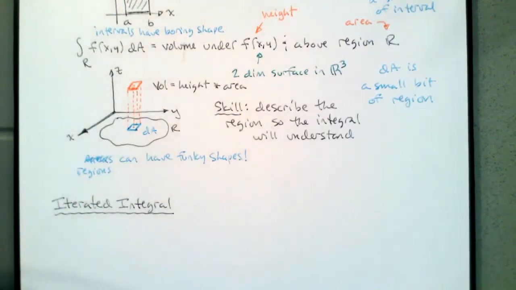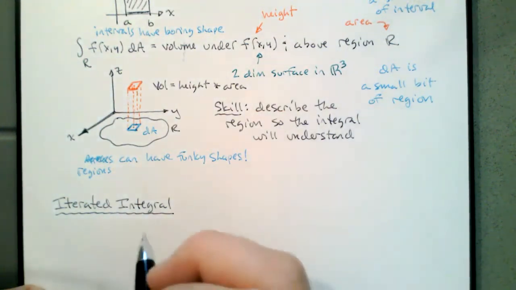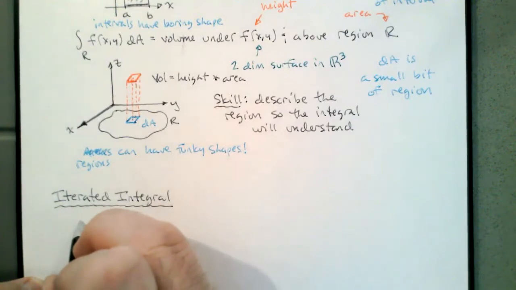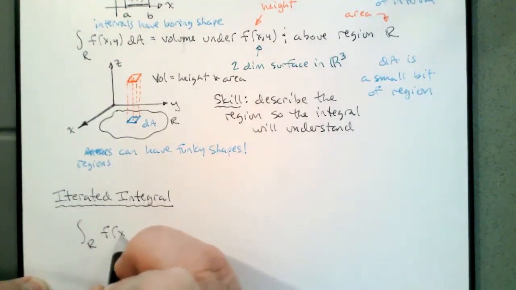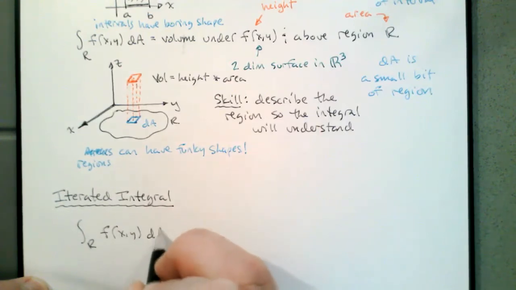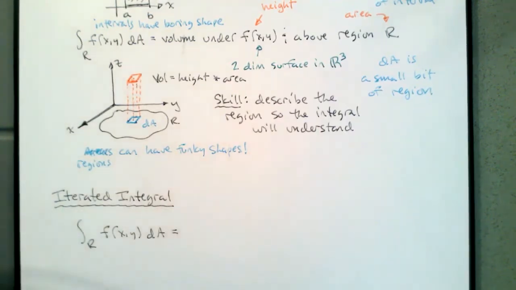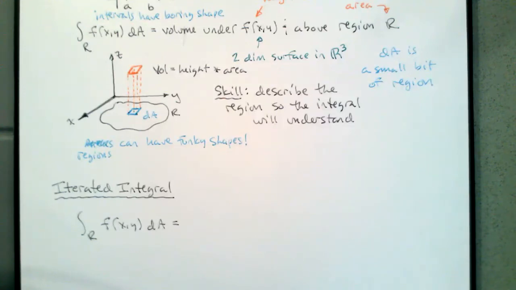What we mean is that we want to be able to describe the integral over some region of a function of x and y dA. Iterated just means we're going to perform multiple integrals, just a piece at a time.